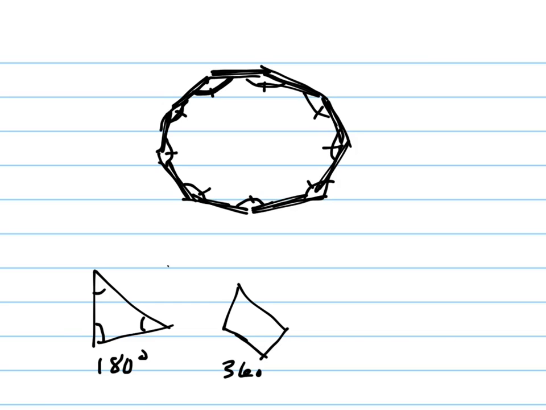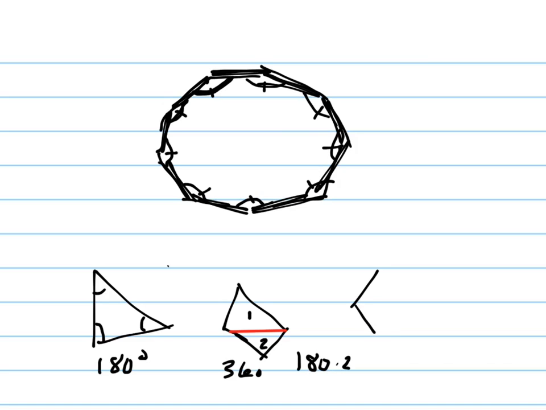Well, the reason they add up to 360, the easy way to think about it is if you take one of the vertices and split that into two triangles, I have one triangle, two triangles. So that's 180 times 2. Got it?